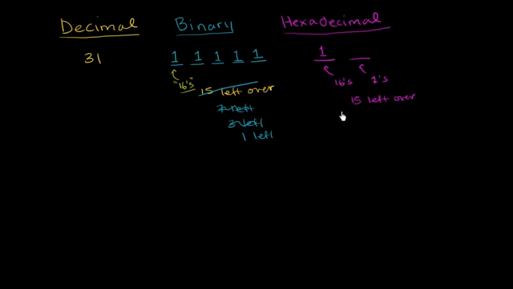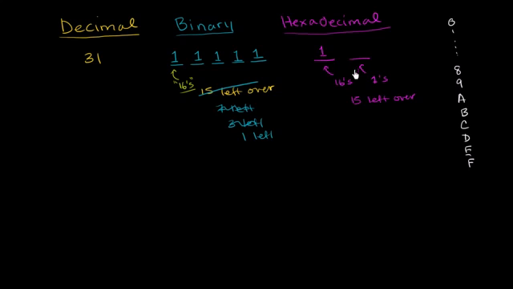And you might say, wait, how do I represent 15 in one space over here? But remember, we're dealing with hexadecimal. Hexadecimal has representations for numbers all the way up through 15. Let me remind you. You start at 0, 1, you keep going, you go 8, 9. Then for 10 you have A. For 11 you have B. For 12 you have C, D, E, F. F is the equivalent of 15.